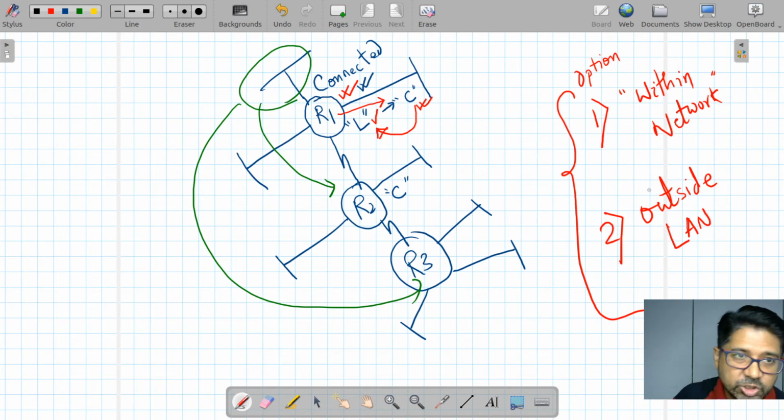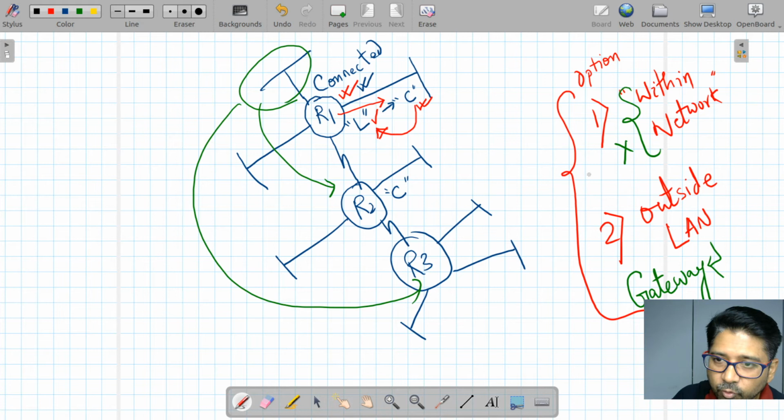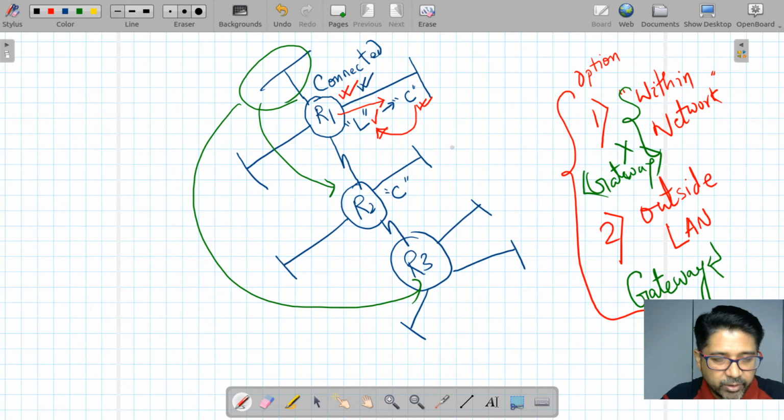So there is a trick point, and that is called the gateway. If you go outside your network, your gateway is going to resolve the connectivity, whereas there is no role of the gateway here. Clear? So the gateway will help you connect and communicate with the outside.